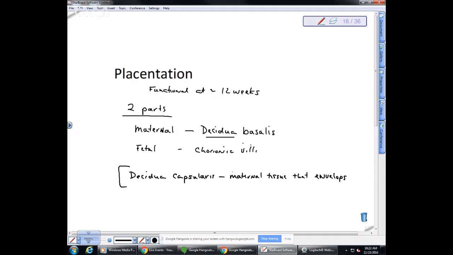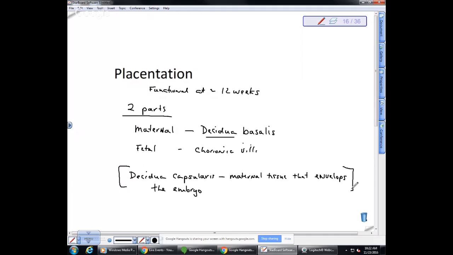So it's not part of the placenta in terms of transfer of nutrients and oxygen, but it's part of the structure of the developing fetus inside the mother.